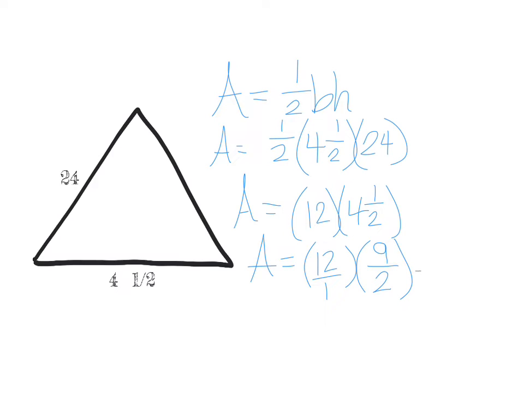And then I can multiply straight across. 12 times 9 is 108, divided by 1 times 2 is 2. And now I can simplify that fraction. 2 goes into 10 5 times, and 2 goes into 8 4 times. So I am left with 54. And I forgot to put in a unit, so we will call that feet squared.